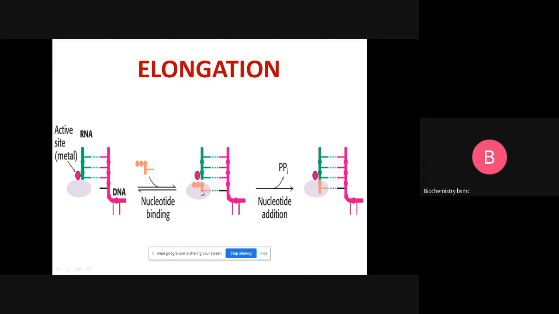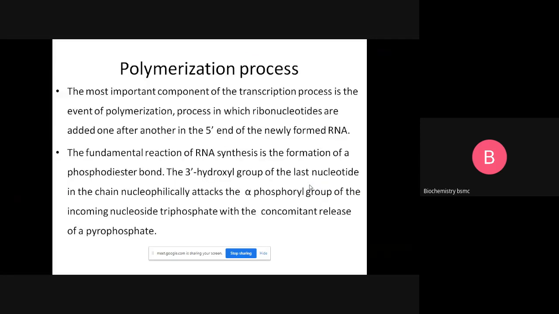After it sits over there, there is the nucleophilic attack on the nucleotide triphosphate by the 3' end of the growing RNA chain. There is release of the pyrophosphate, following which there is formation of the phosphodiester bond. And during the whole process, one metal ion holds the growing RNA chain in the active site. Another metal ion, you shall see, leaves with the pyrophosphate.